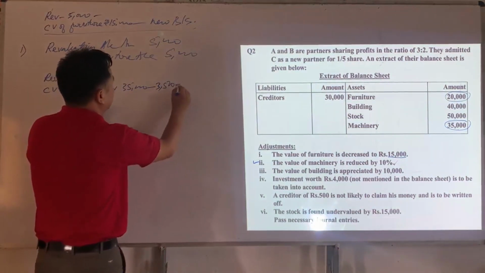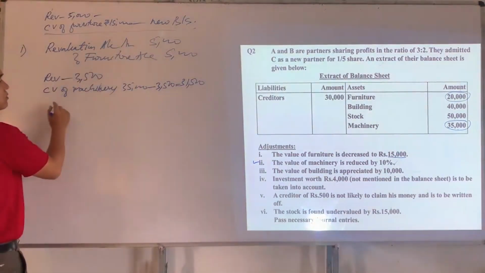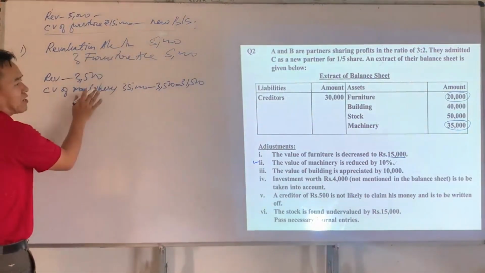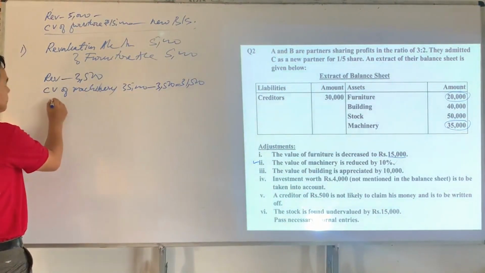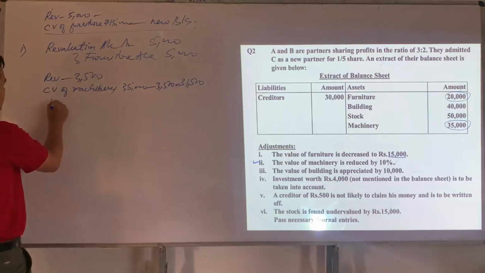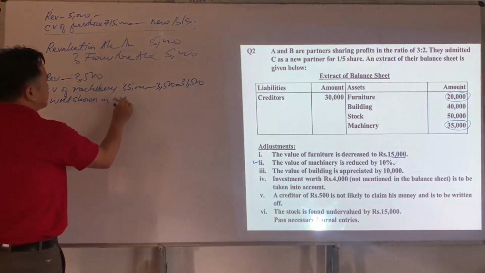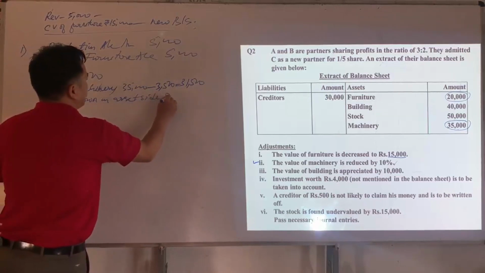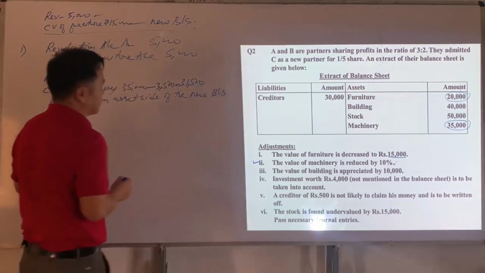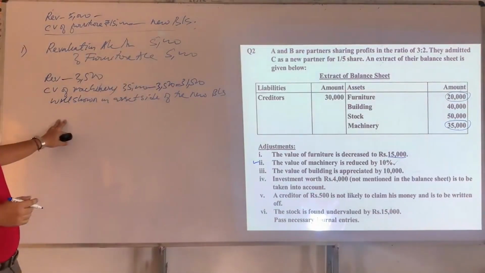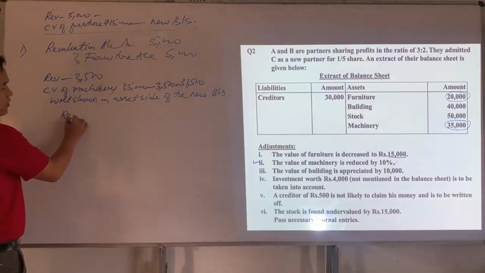So the current value will be 31,500, which will be shown on the asset side of the new balance sheet.